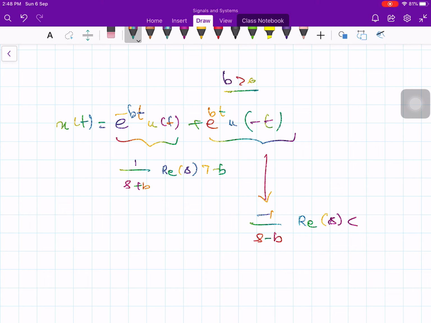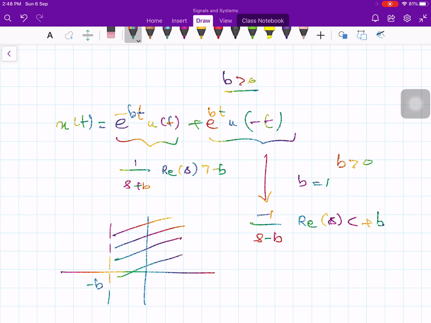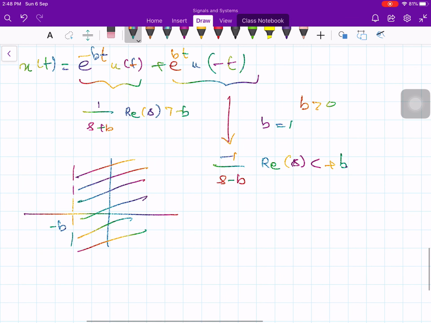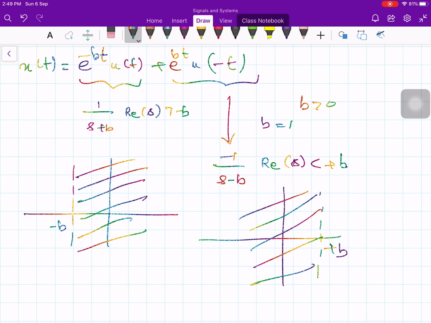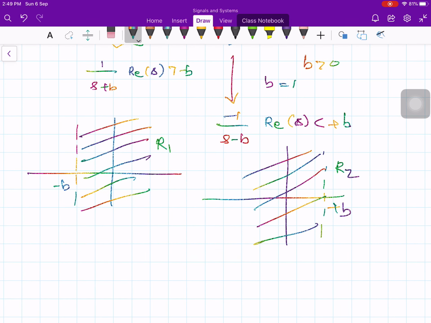Let's say b is equal to 1 in this case. It's a positive number. b is greater than 0. So in such case, what will happen? For one case, this point is minus b, so it is like this. And for this guy, it is plus b. Region of convergence is this area. Let's say this is R1 and this is R2. If you take the intersection of these two, then you have minus b and plus b.